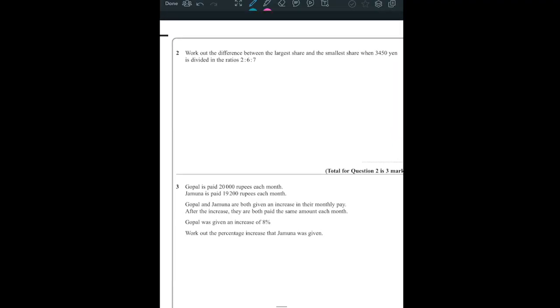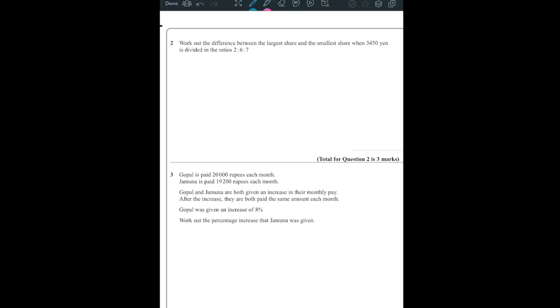Question 2. Work out the difference between the largest and the smallest share when 3,450 yen is divided in the ratio. Okay, so our total here is 15. So 15 parts is this 3,450.